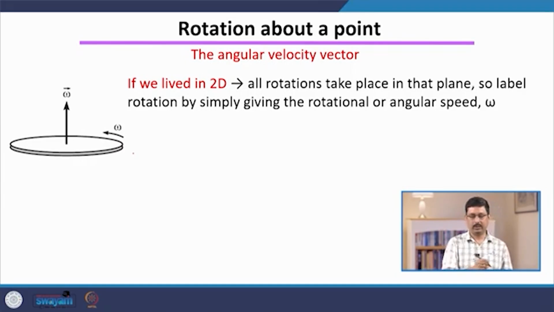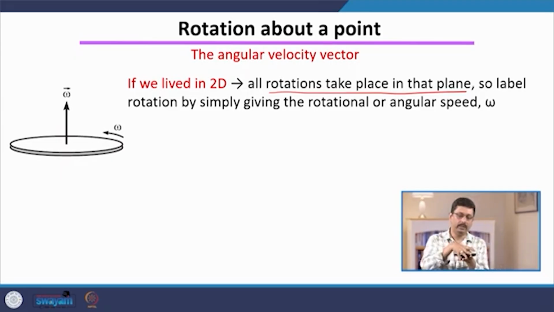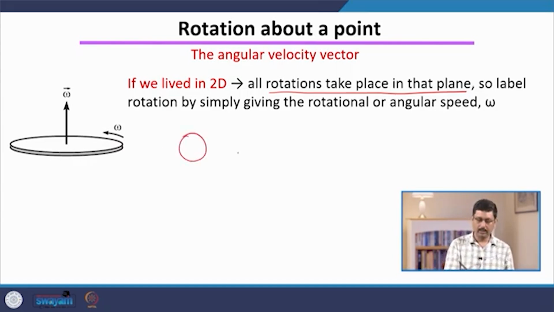So, the disc is rotating. In 2 dimensions, all rotations take place in that plane, a 2 dimensional plane. Some object, some mass, an extended object or a point living on the plane, is rotating, like for example a circle or some complicated shape.